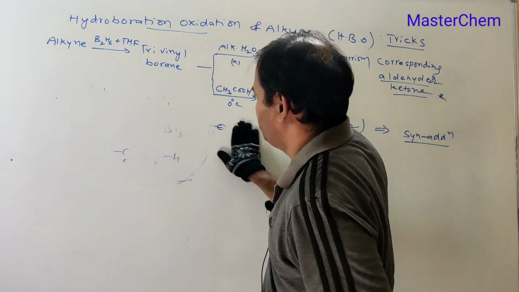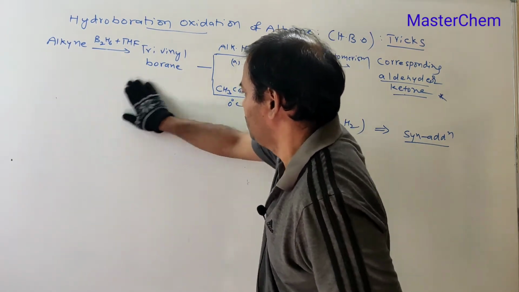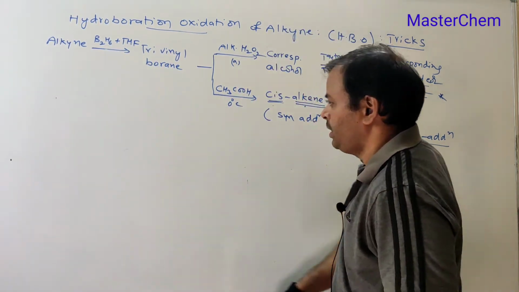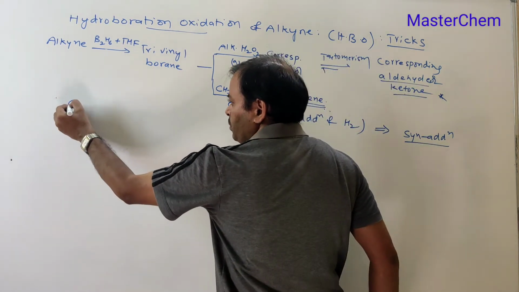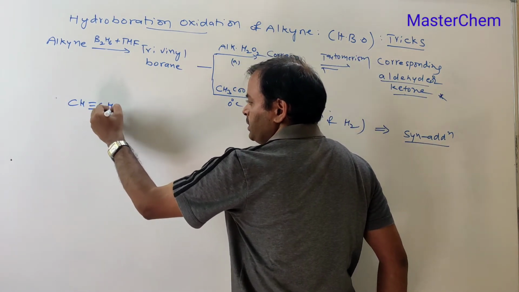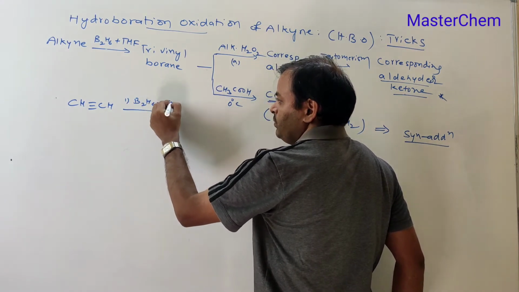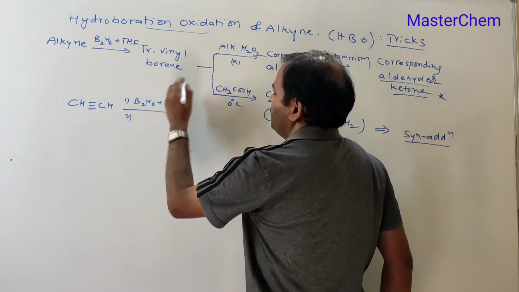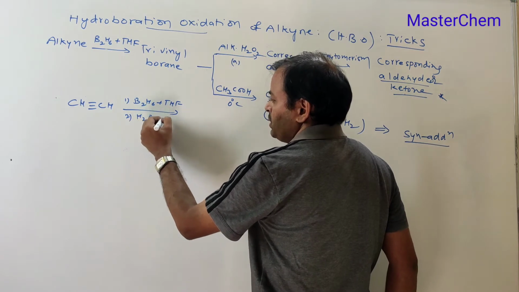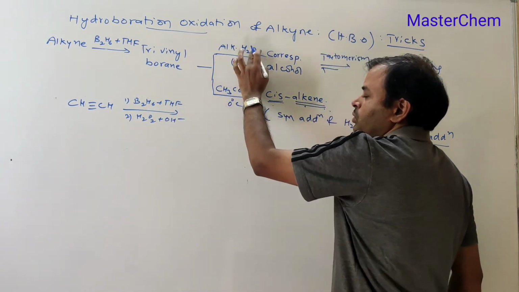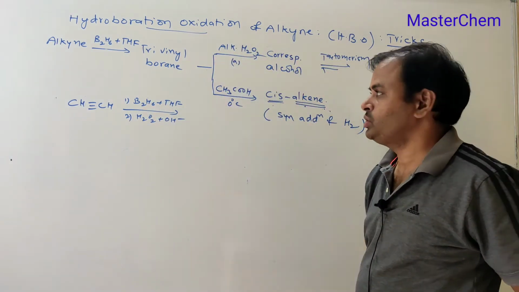First of all, I will give one question for you: CH triple bond CH, first B2H6 plus THF, and second H2O2 plus OH minus, alkaline H2O2.